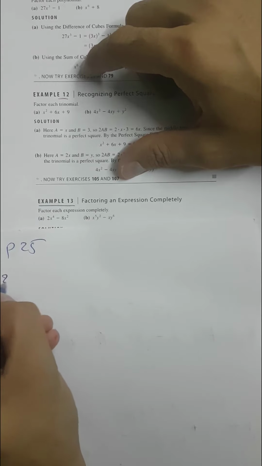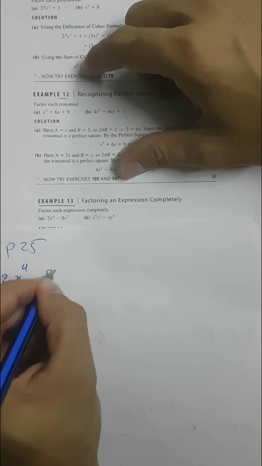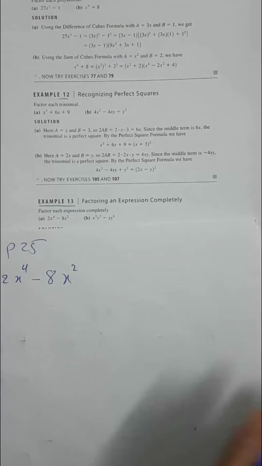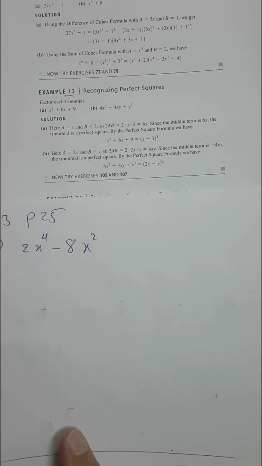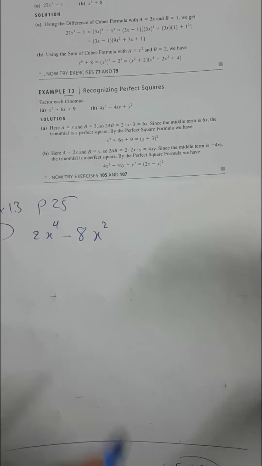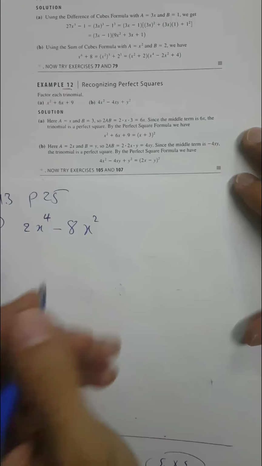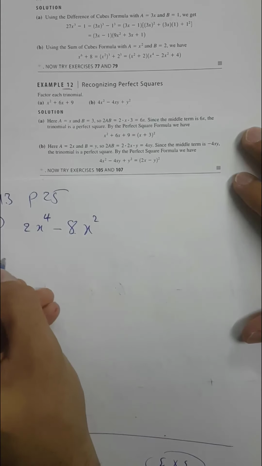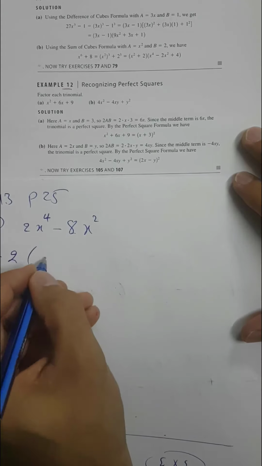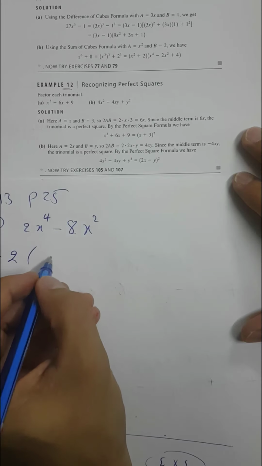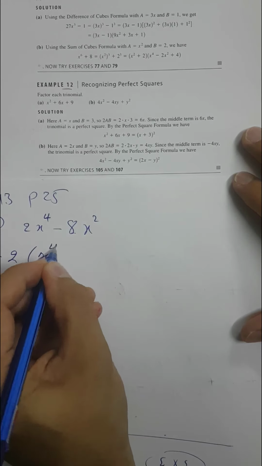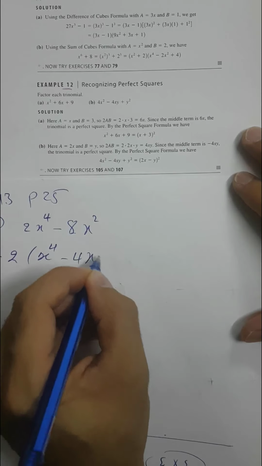A. So in this example 13, I will deal with something that we need to do briefly to manipulate with it before we solve it. So you know between 2 and 8 there's a common, so that's why you get what? You get x to power 4 minus 4x squared.